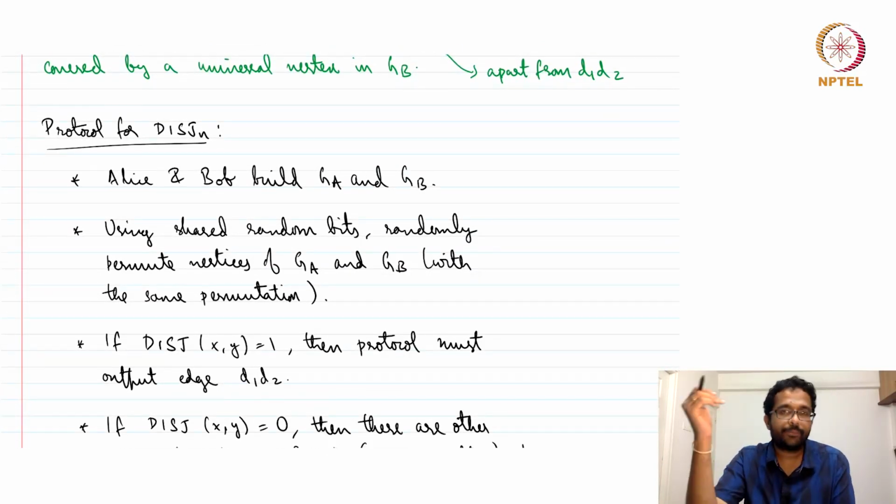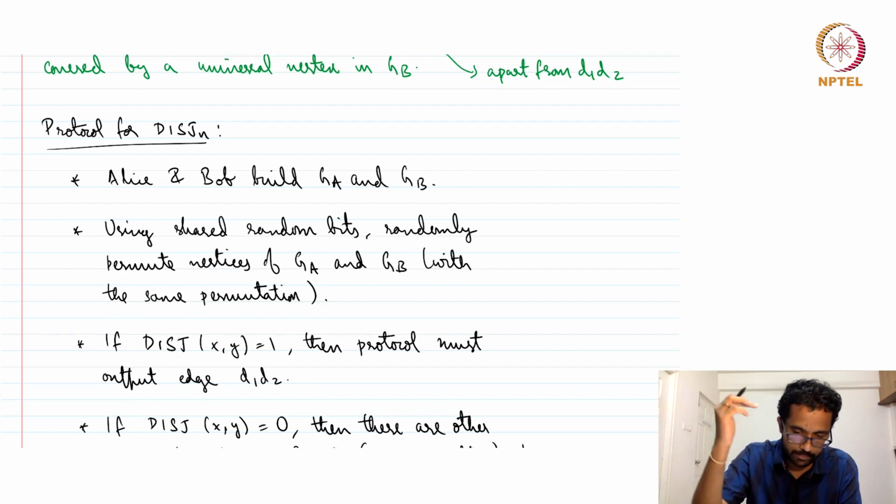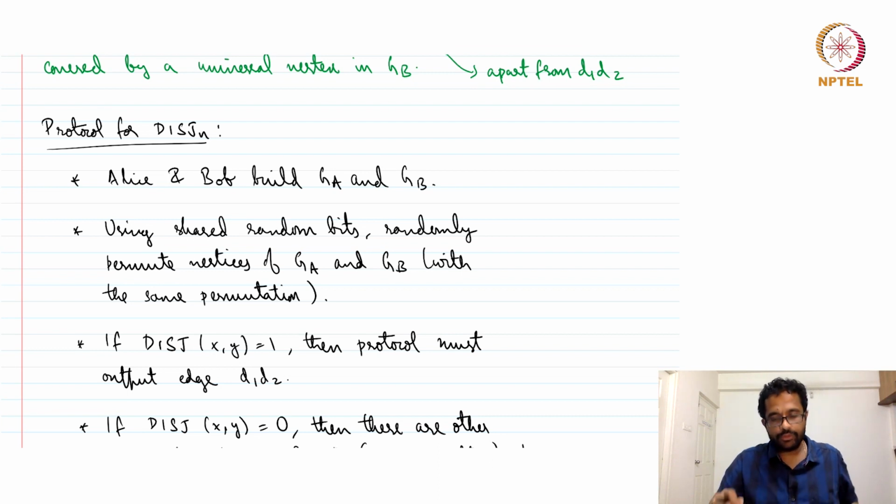So what is the protocol? Alice and Bob build their graphs GA and GB, and there is one small step that they do. This is to remove any bias of the algorithm. You can think about it later. Using shared randomness, they permute their vertices and edges with the same permutation.